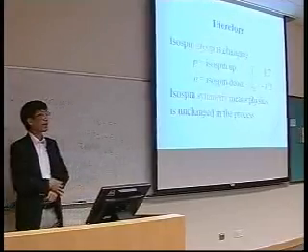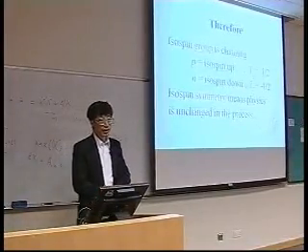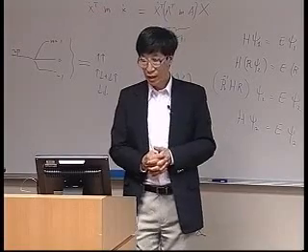In exactly the same way, we now introduce a concept which we call isospin. The isospin group is obtained by changing a proton into a neutron or vice versa. The proton is called isospin up, and the neutron is called isospin down. I use the notation T, so Tz is equal to a half, and Tz is equal to minus a half. Okay?